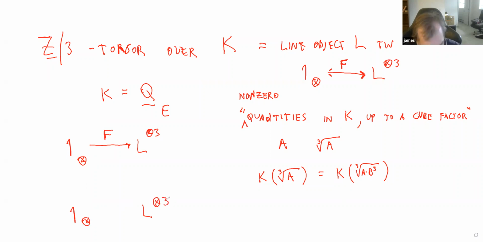So right, A is just another name for F, but it's in this coordinate system where we randomly pick a coordinate system for L. You just pick a frame for L, and you use that to think of this arrow F as just a number, just a quantity in K.